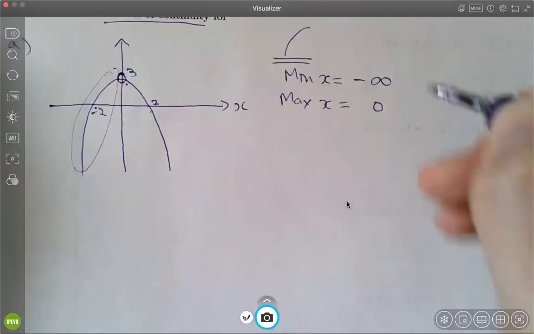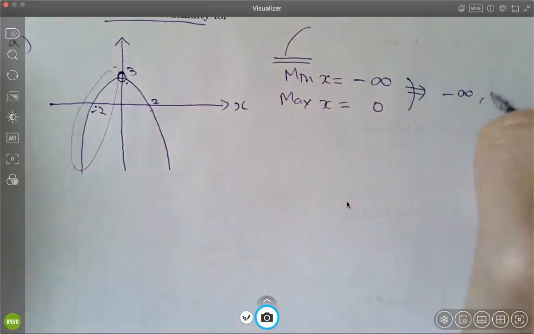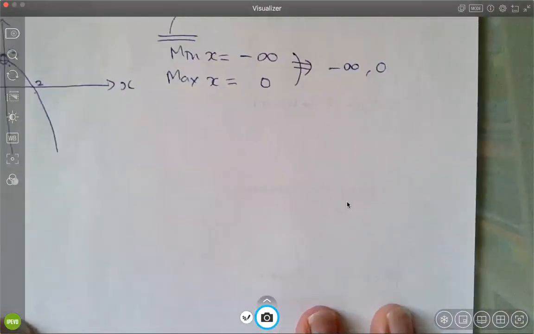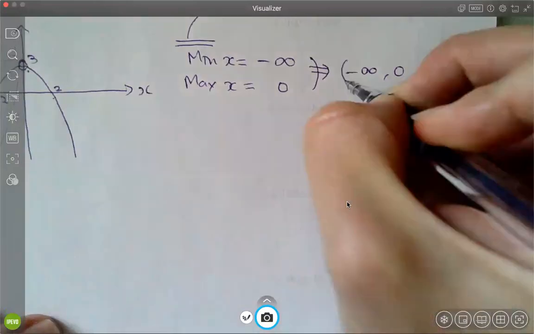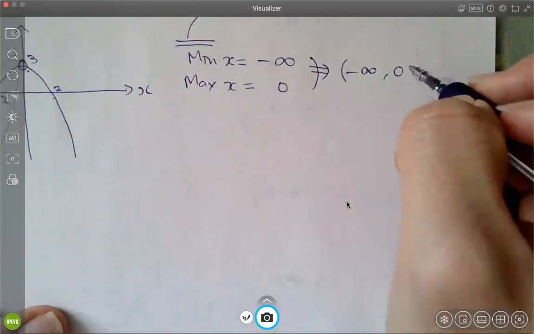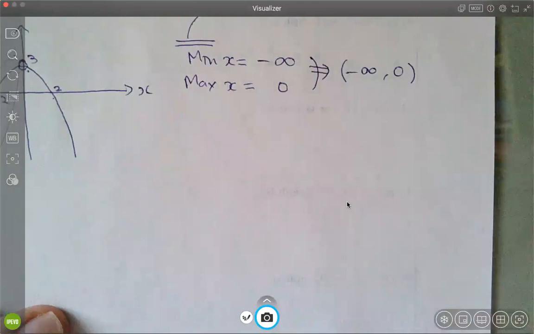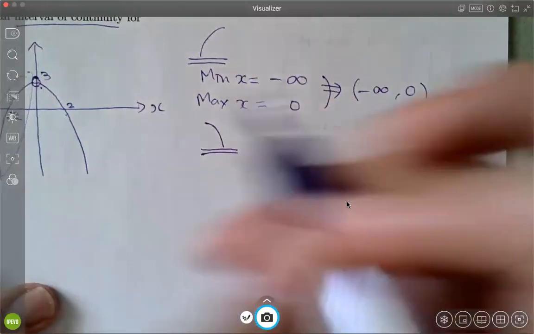So what's the interval notation? Negative infinity, comma 0, right? And now what are the symbols? Parentheses here. And what's the symbol around 0? Parentheses again. Now, similarly, look at the other branch, which is this one. That's also continuous, right?